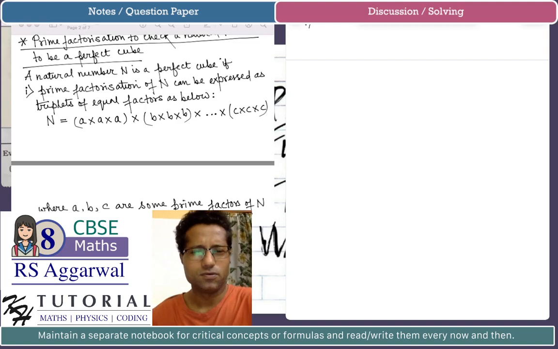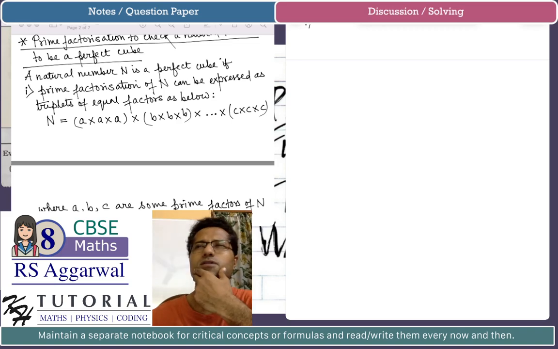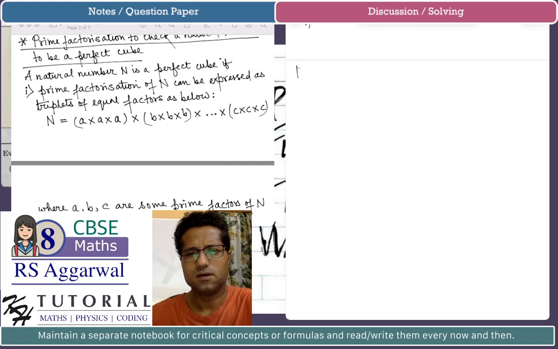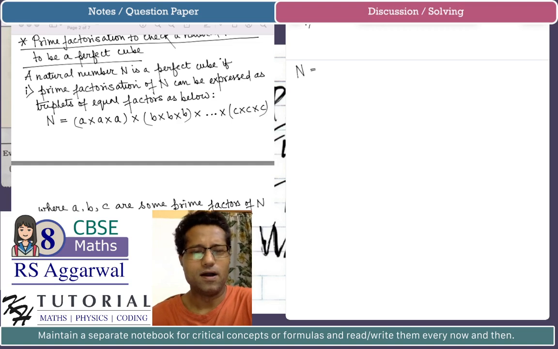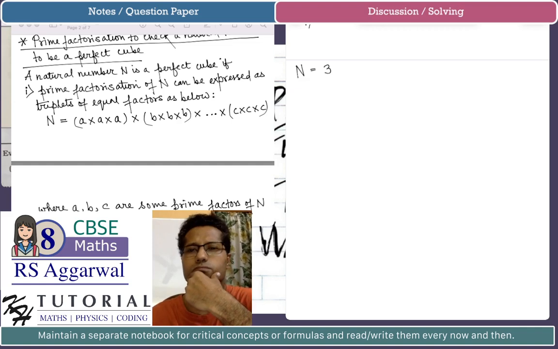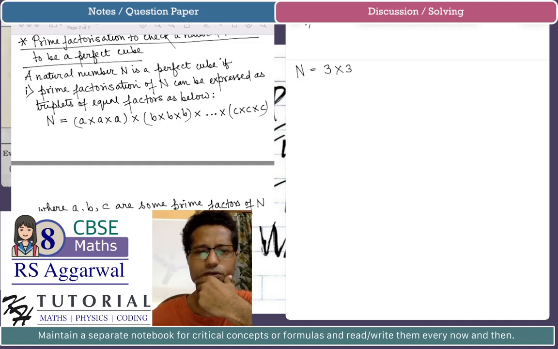Let's try to understand this with an example. Let's say the number n is 3 into 3 into 3. I'm directly creating a random prime factorization and trying to figure out whether it is a perfect cube or not.